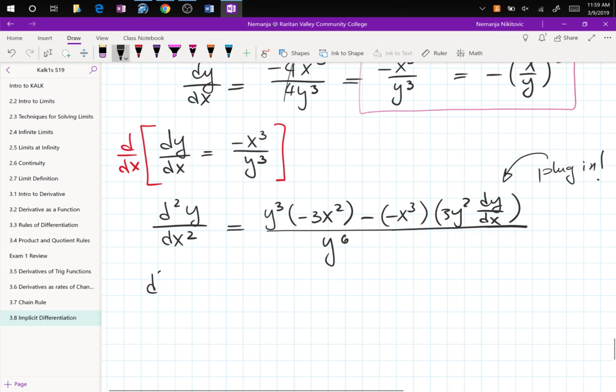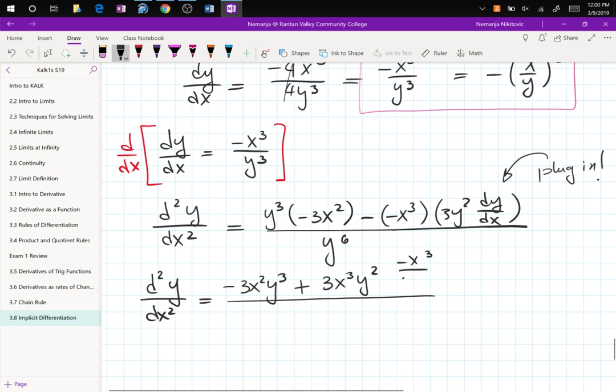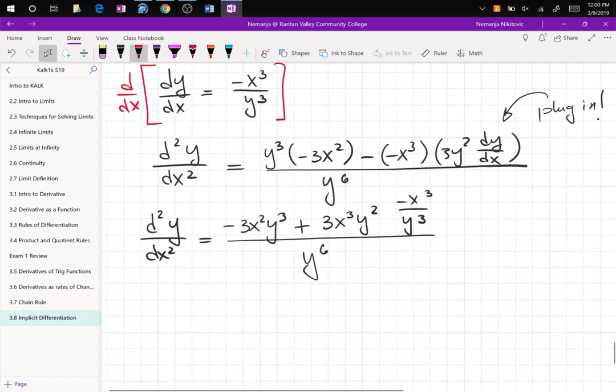So now we are clearing this up. I have negative 3x squared y cubed plus, now I have 3x cubed y squared, and dy/dx is negative x cubed over y cubed, so there will be some canceling there, divided by y to the 6. So now we have these guys cancel.